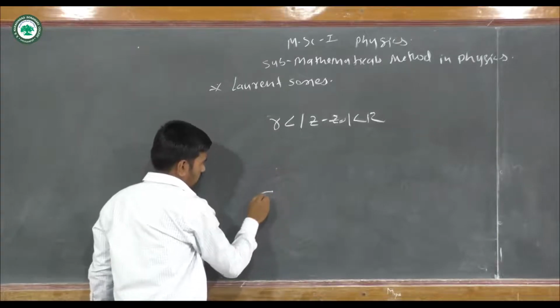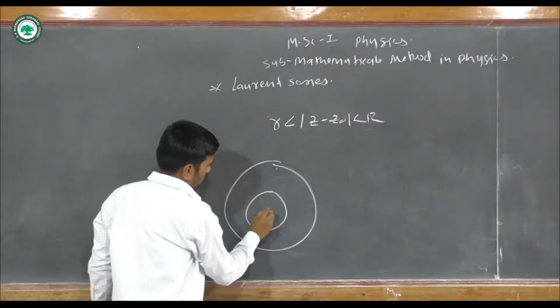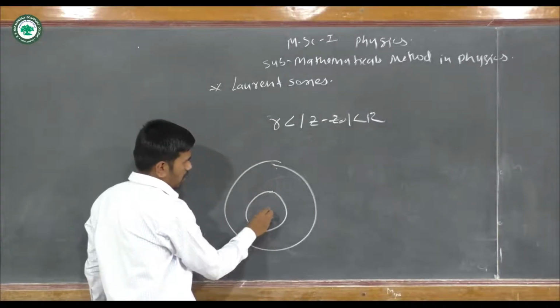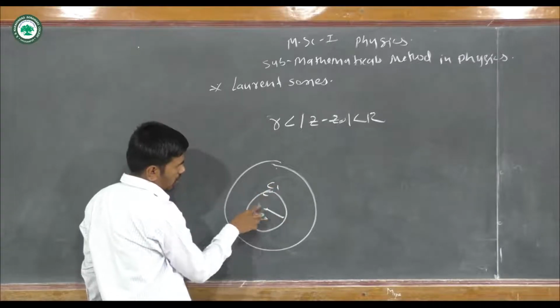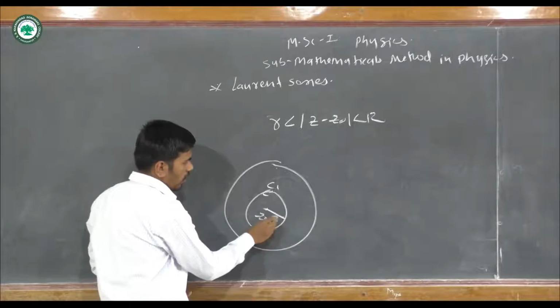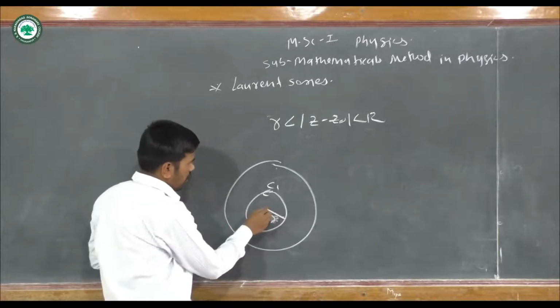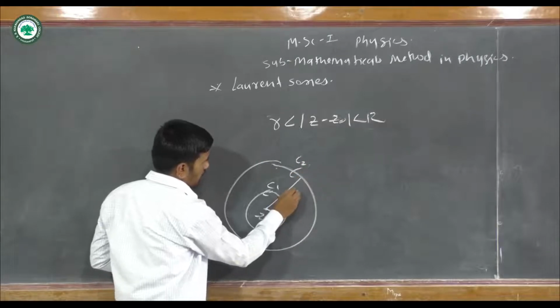If I plot this, this is the point z naught, and this loop C1 has the small radius r, and this C2 has radius R2.